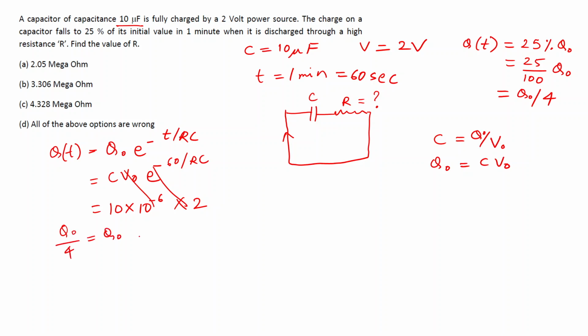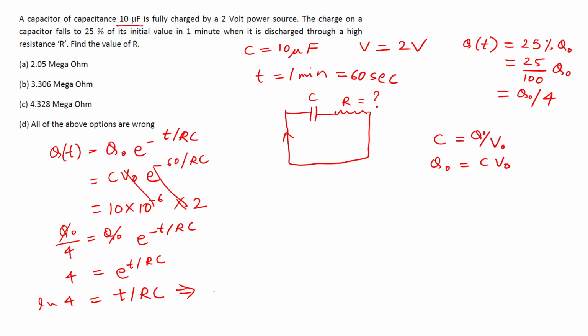Which is Q naught e to the power minus t over RC. So this will be cancelled. And if I take the reciprocal, this will become 4, and this will become e to the power t by RC. Now taking natural log on both sides, natural log of 4 is equal to t over RC.